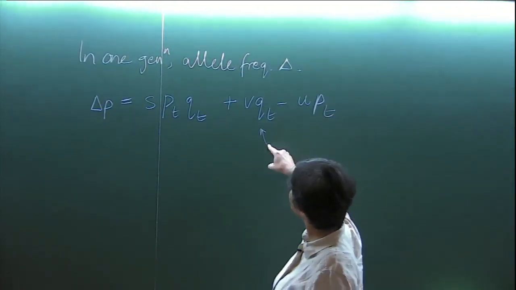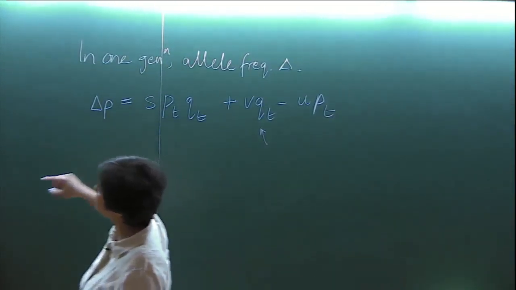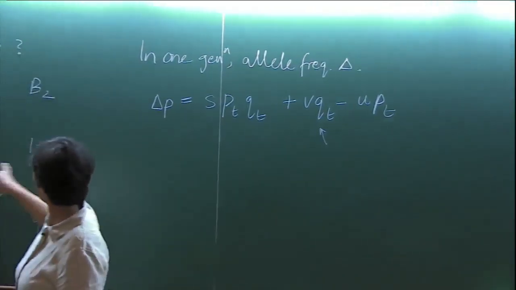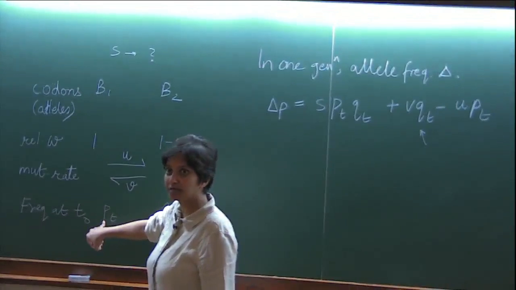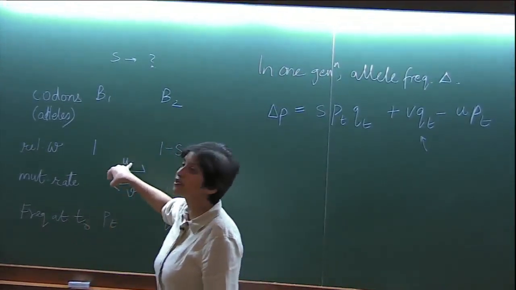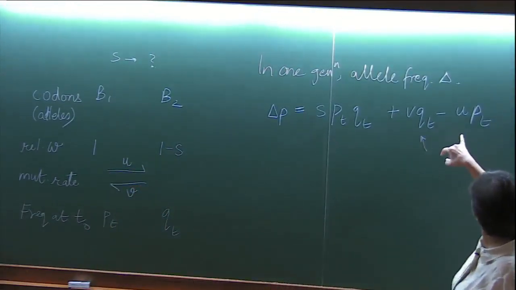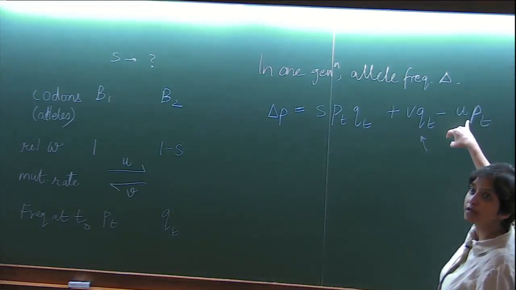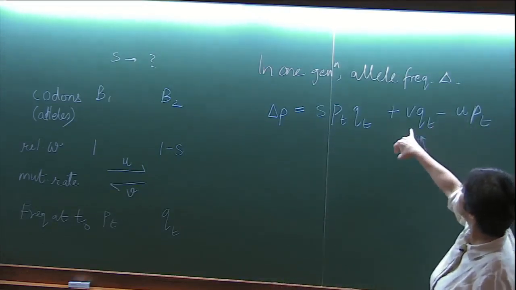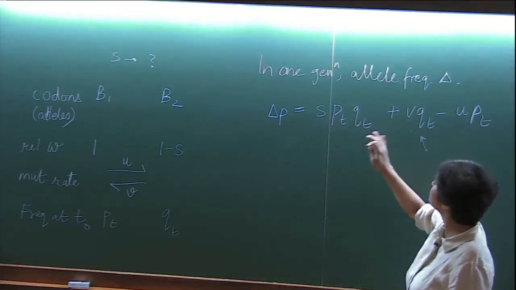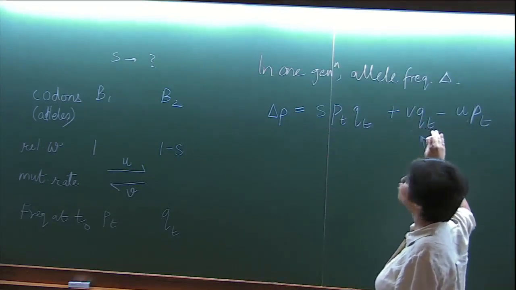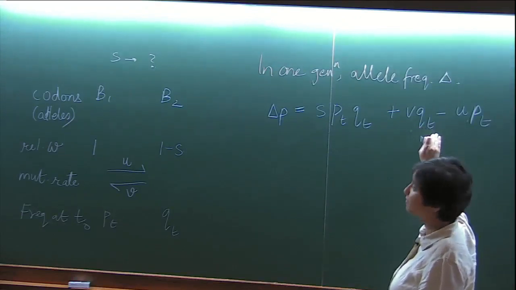So this is the mutation rate going from B1 to B2, right? And so if you start off with frequency P, you're going to have that probability of generating B2, right? Similarly, the other way around, you have the back mutation rate, which is V, that probability of losing B2 to become B1.